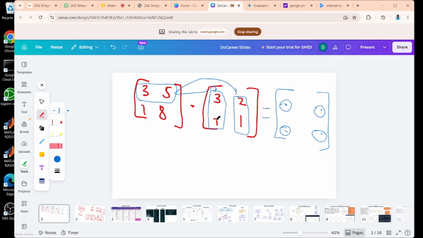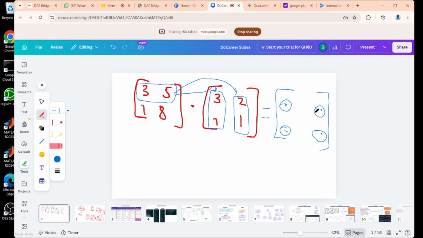What I mean is that to find this first element, we use the first row, the top row. We use the top row to multiply the column of the second matrix. That will give us the result for the first one here.